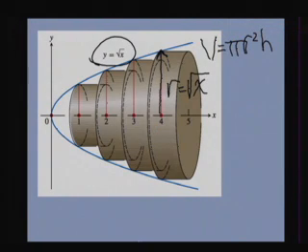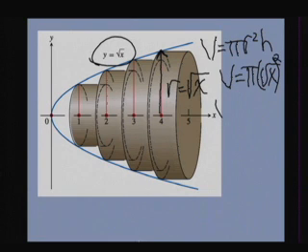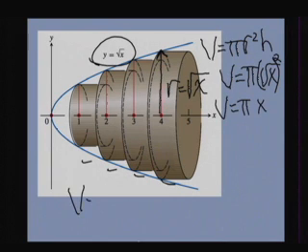So our volume is pi times the square root of x squared, which means the volume is pi times x.